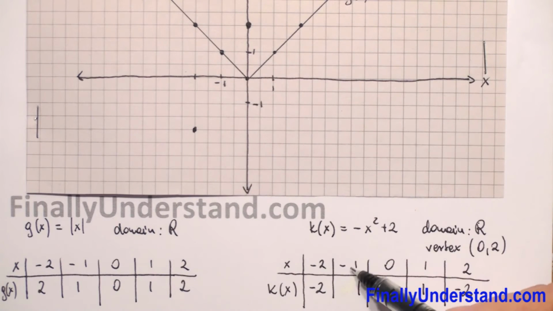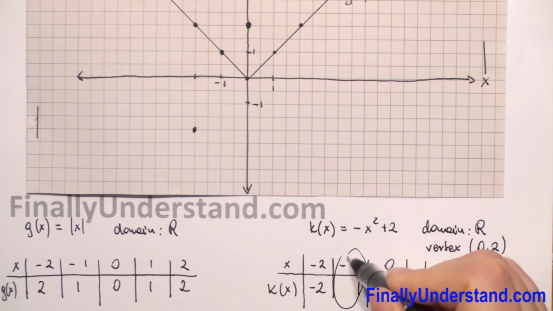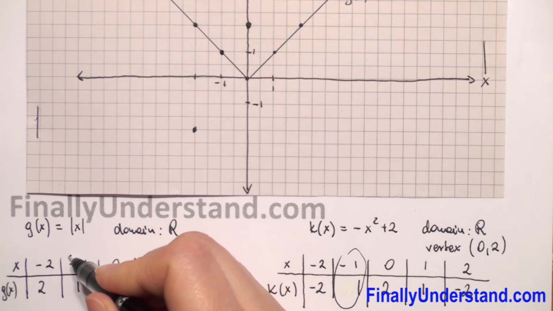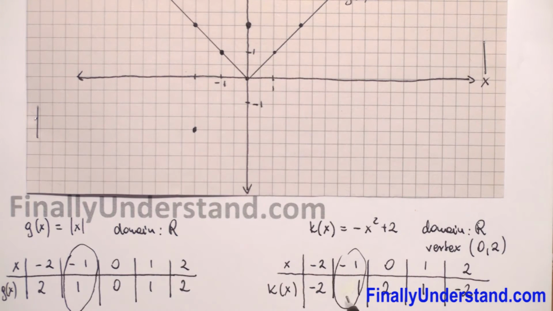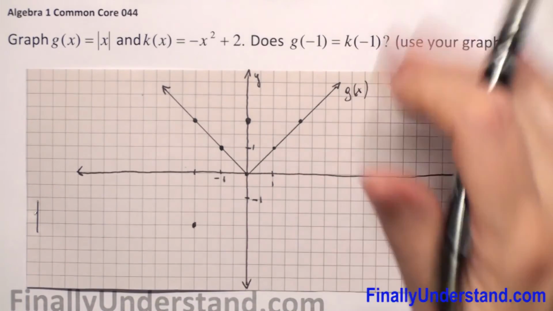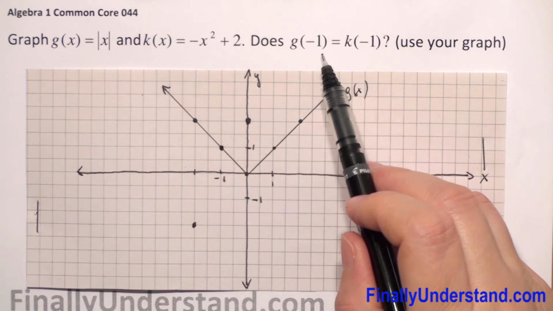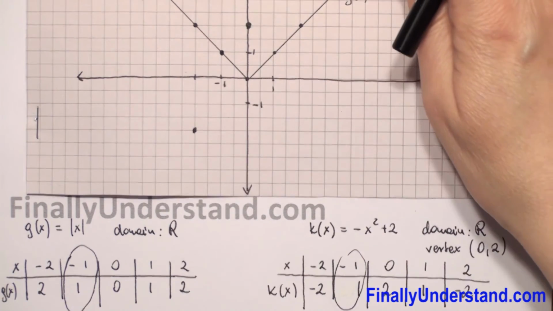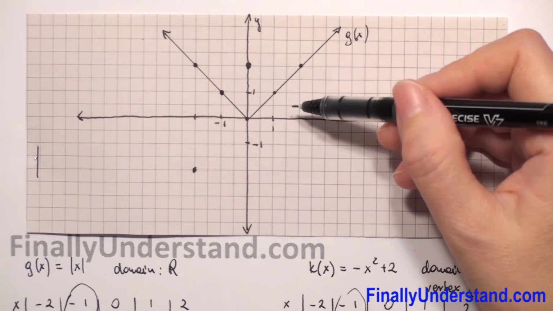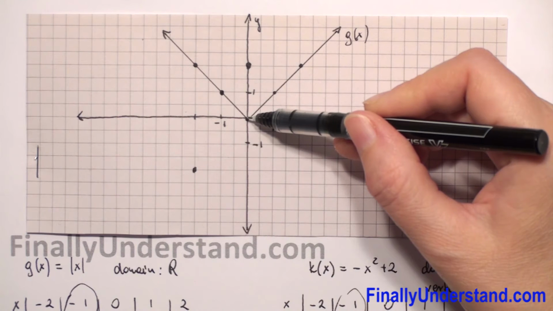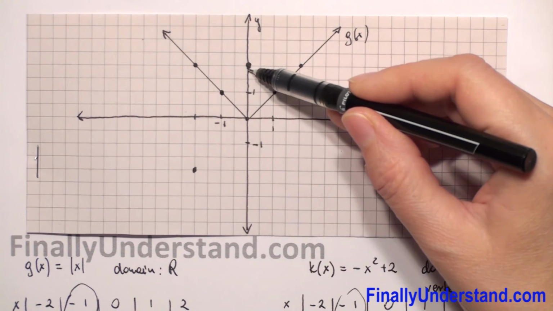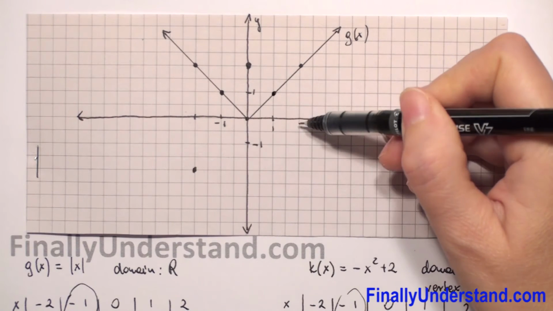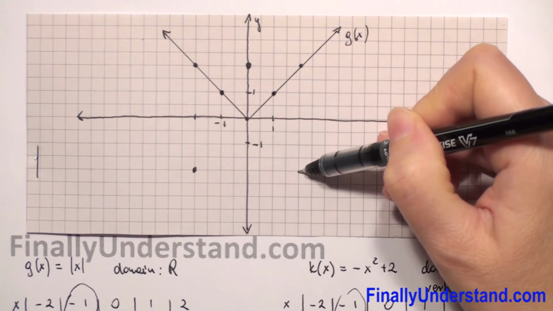So we see from this table that for negative 1 we have value 1 for the k of x function and for the g of x function. So we see that for sure g of negative 1 is equal to k of negative 1. Let's finish this graph. For 0 we have 2, like we said is our vertex. For 1 we have value 1, and for 2 we have negative 2.